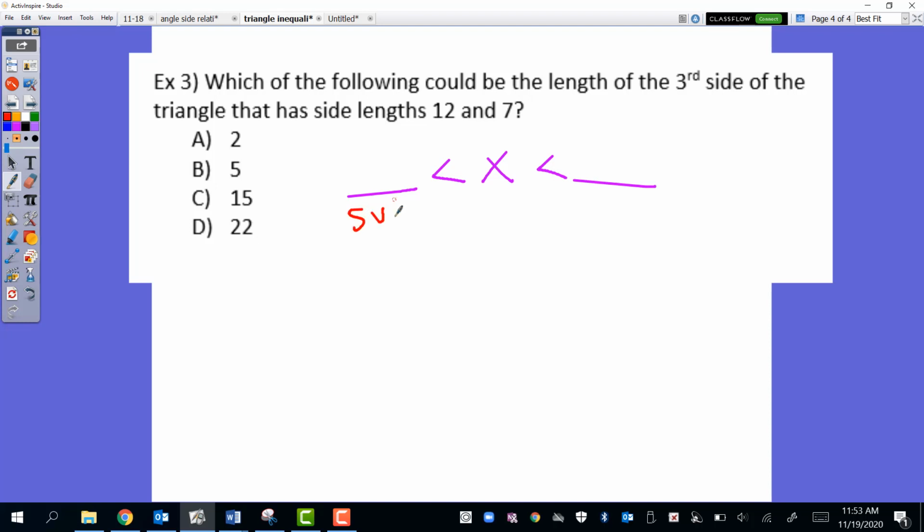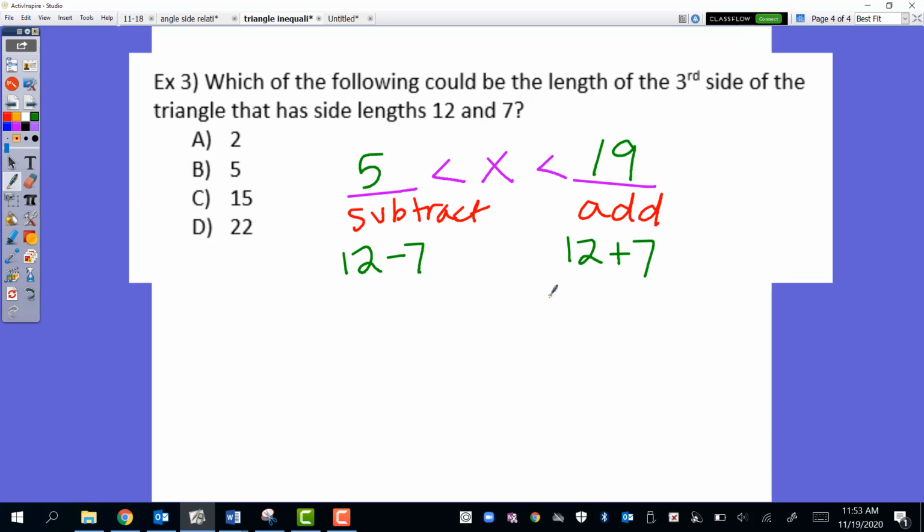Well, the small number we subtract, the large number we add. So when I am subtracting, am I going to do 12 minus 7 or 7 minus 12? Well, you have to do bigger minus smaller so you don't get a negative number. 12 minus 7, and then adding 12 plus 7. So 12 minus 7 is 5. 12 plus 7 is 19. So my answer needs to be between 5 and 19, but it cannot be either of those numbers.